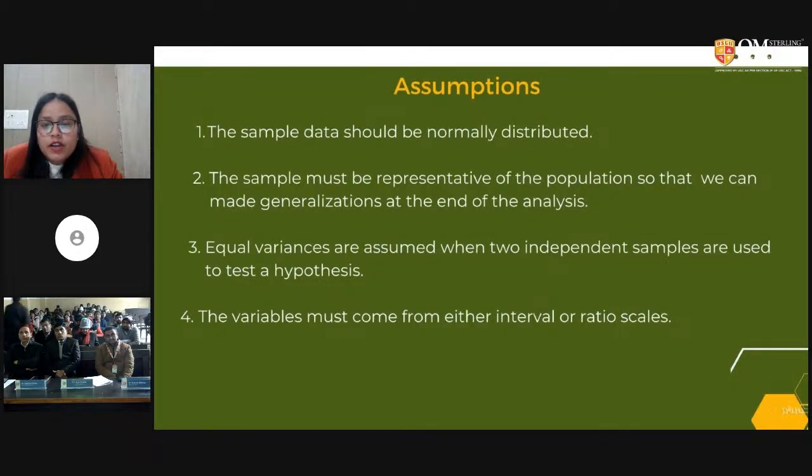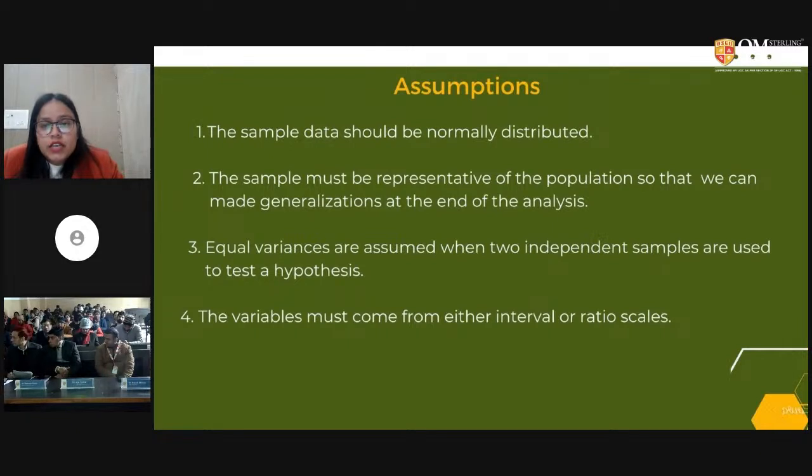Now, because we have already mentioned that in parametric techniques certain assumptions have to be fulfilled. If you want to apply t-test, the sample should be normally distributed. First condition has to be fulfilled. Second, the sample must be representative of the population so that we can make generalization of the inferences at the end of the analysis.